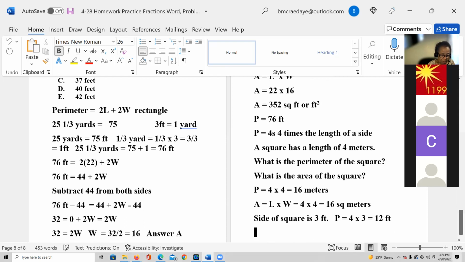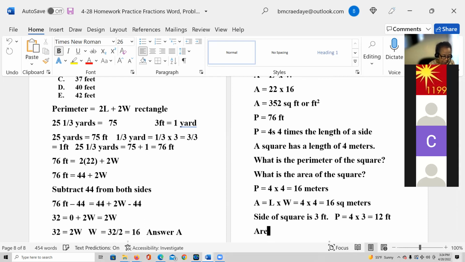What would be the area, Mercedes? The area would be 12 square feet. No, I've got to say length times side, or side squared. Or length times width, either way, because the sides are all the same. What is it, Maureen?